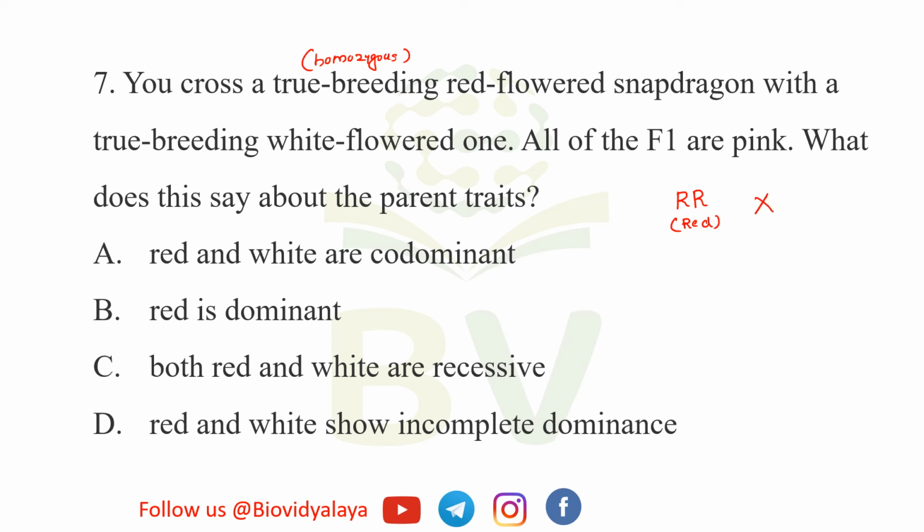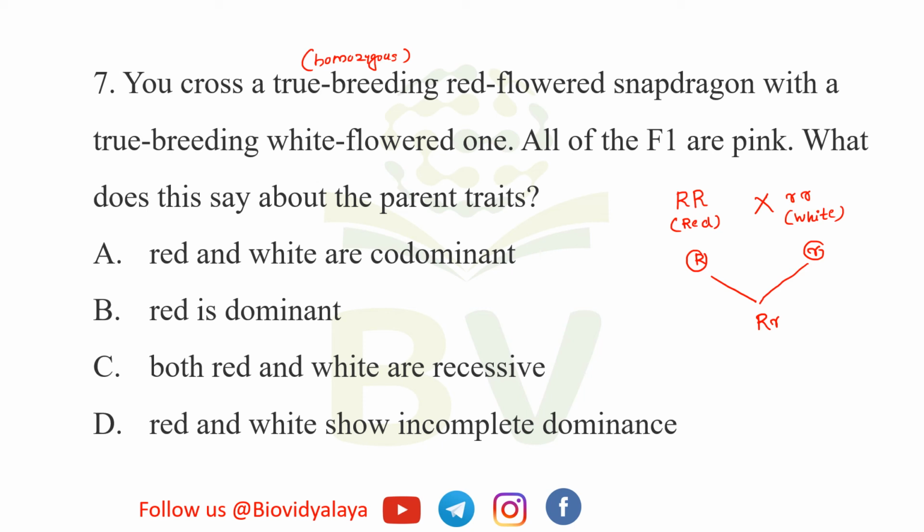With a true breeding, that means homozygous, white flowered one. So we can write the genotype as small r, small r. Here the phenotype is white. Okay. So what is the gamete here? Here the gamete is capital R and here small r. So you will get F1 hybrid as capital R, small r.